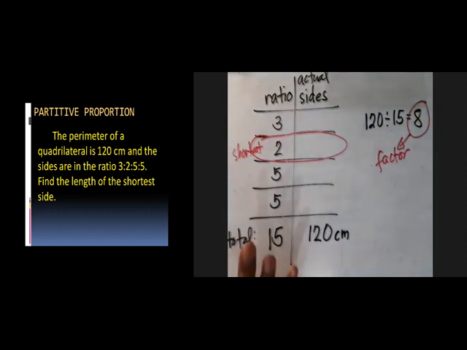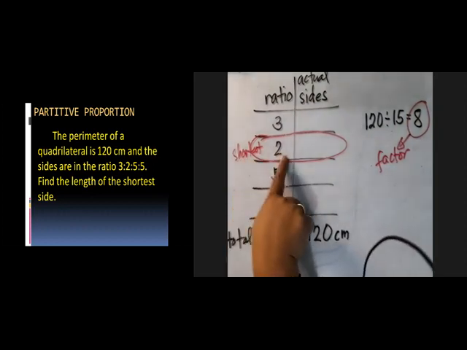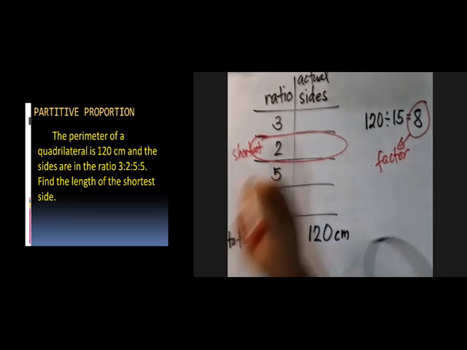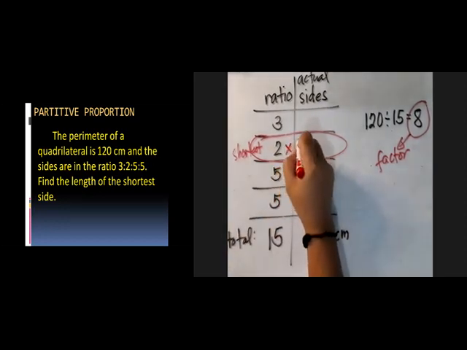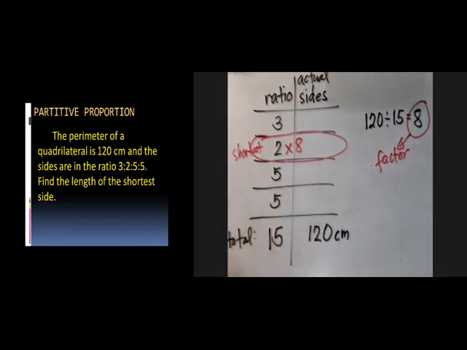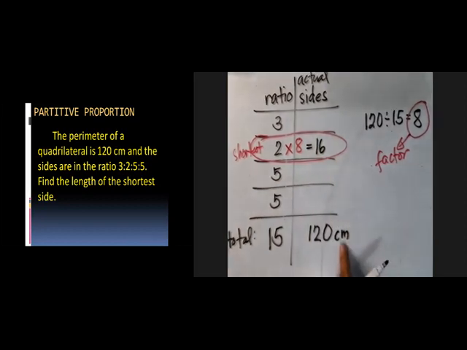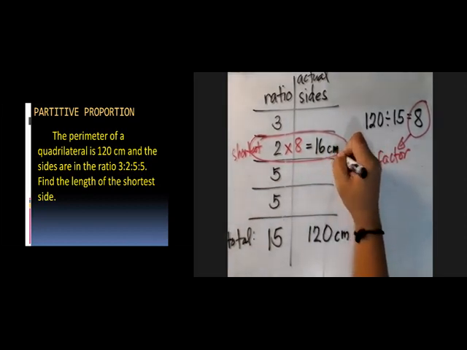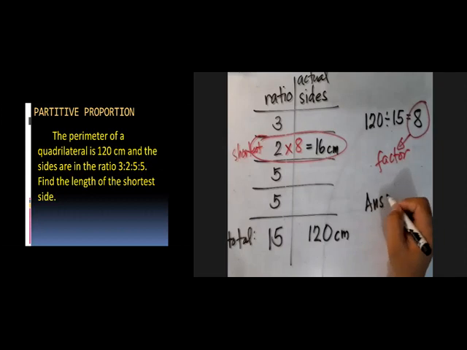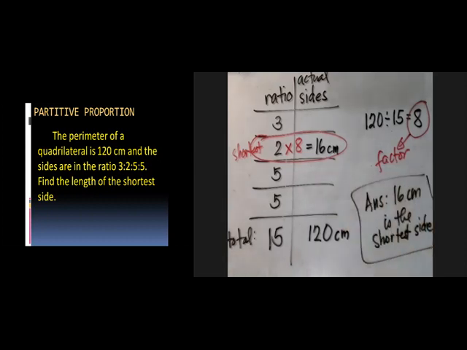So, ang hinahanap lang natin ay yung shortest. So, yung 2 lang yung ating i-multiply dun sa factor na nakuha natin. So, 2 times 8. And what is 2 times 8? That is 16. Anong unit ng 16? It's centimeters. So, our final answer will be 16 centimeters is the shortest side. Okay? Yan yung ating sagot.